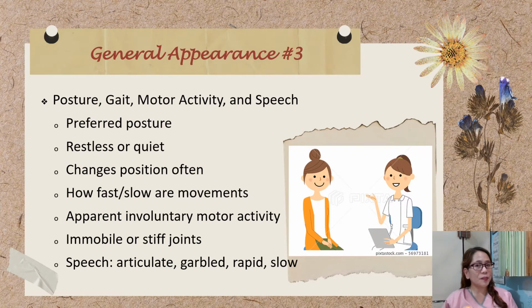Okay, according to Bates, the patient who often prefers sitting upright could be a sign that the patient is suffering from left-sided heart failure. Or if your patient prefers to sit down leaning forward with arms braced, okay, this is common for the patient suffering with chronic obstructive pulmonary disease or COPD.